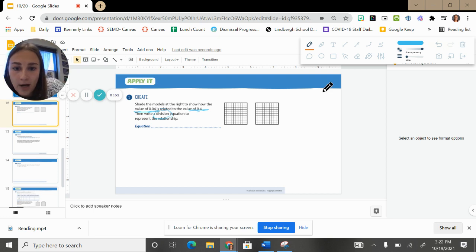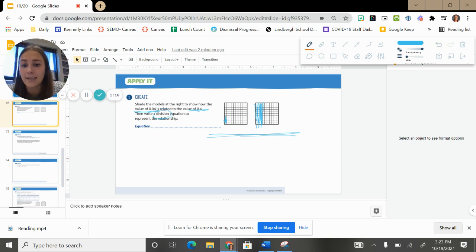I know 4 hundredths is going to be shading in 4 of these little boxes, because each box is 1/100th. Then for my 4 tenths, I know I'm going to shade in 4 10-rods. So like that. You should do this in your math book with me.